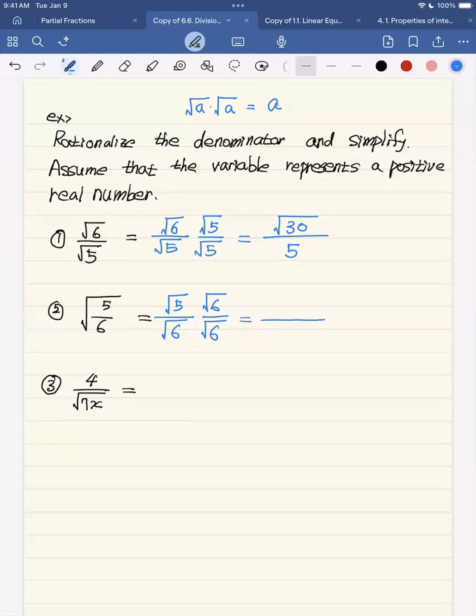By doing so, we can remove the radical sign in the denominator. Denominator became 6 and the numerator became square root of 30.